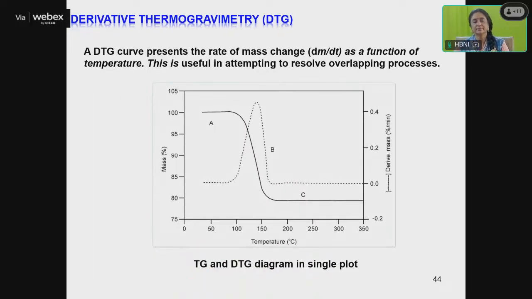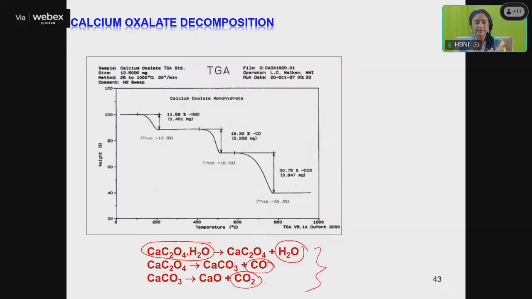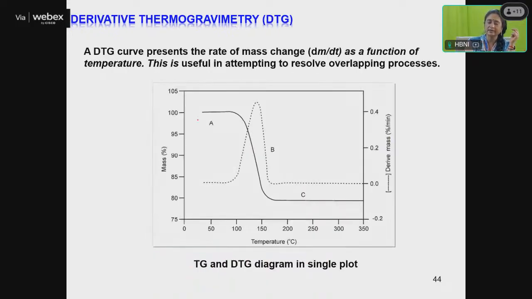So now this is derivative thermogravimetry. TG is there where you are getting this type of curve. If you take a derivative of this, in case of weight, you have to take the delta weight or delta M. Then, as you know, when you take its first derivative, this type of curve will be converted to this. This point will correlate with this point.